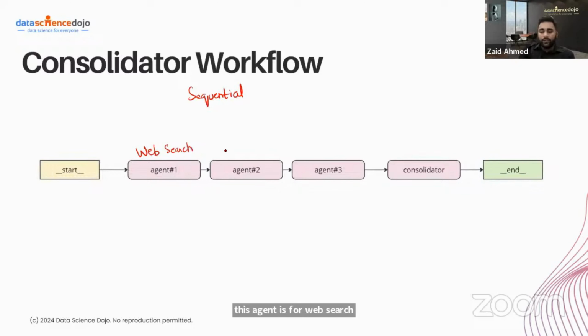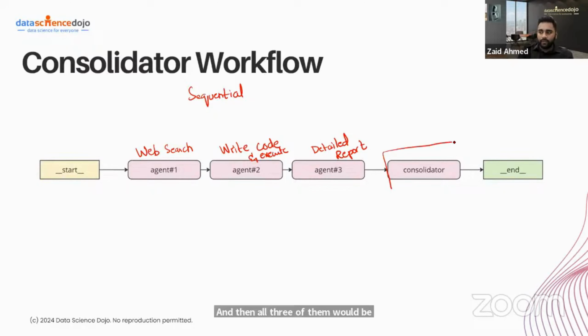This one is going to write code and also execute it. And this is for writing a detailed report. Then all three of them would be consolidated, and after that, you will get the final response.